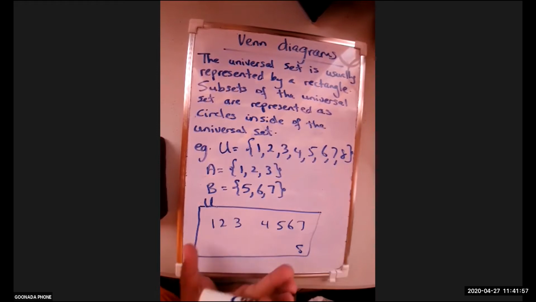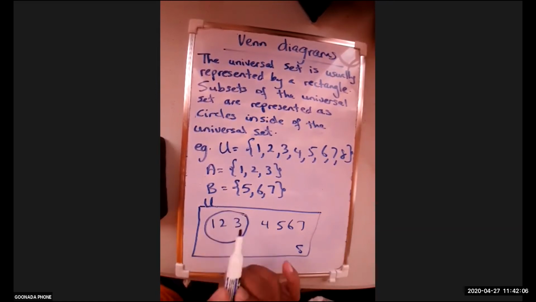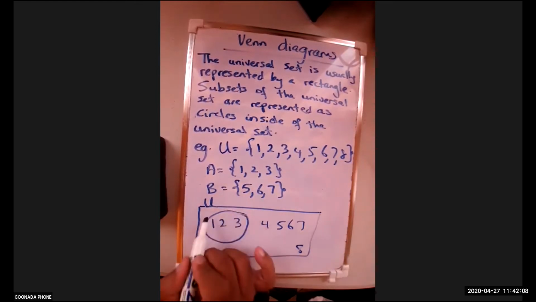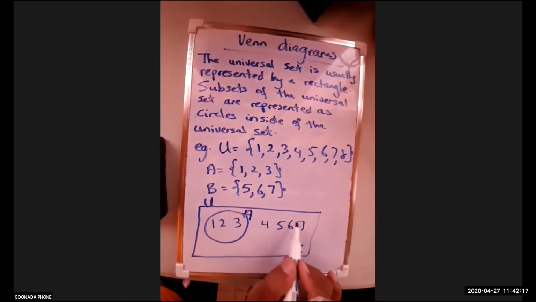Within this universal set, we have subsets. So we have subset A, which consists of 1, 2, 3, as you can see here. You represent it as a circle, and you write on the circle itself the letter A. Similarly, we have B being 5, 6, and 7.